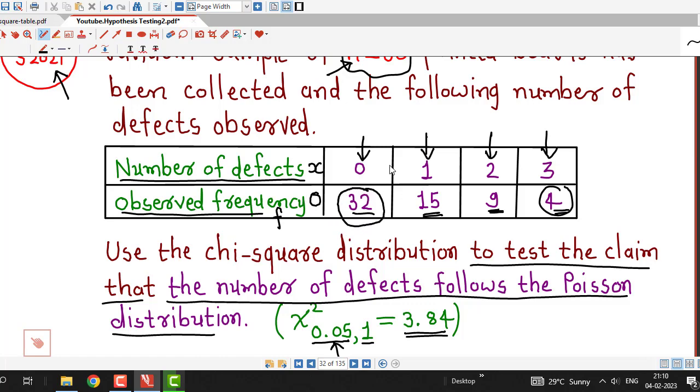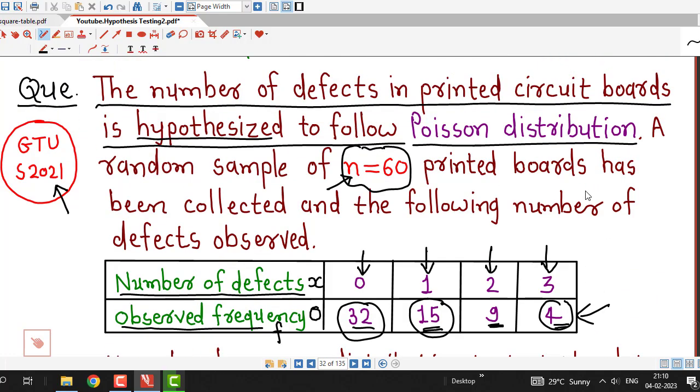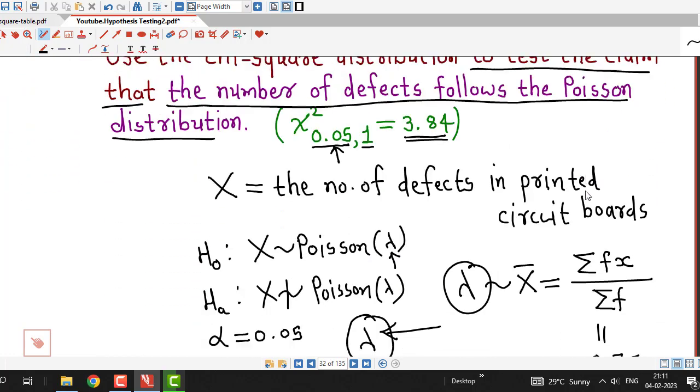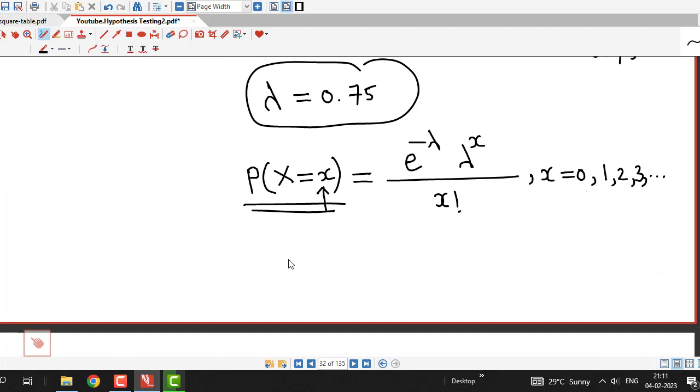That is, there are 32 printed circuit boards with 0 defects, there are 15 printed circuit boards with 1 defect, and so on. So this is data from the sample, and we have assumed that our population follows a Poisson distribution. Due to that assumption, we can find out the different probabilities.